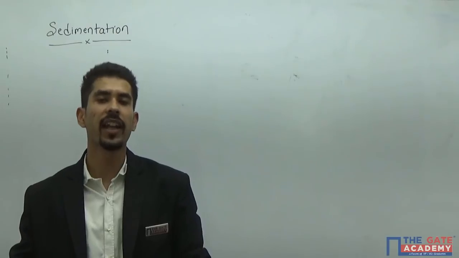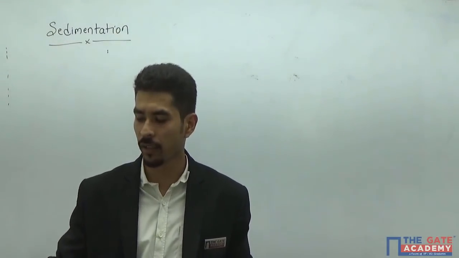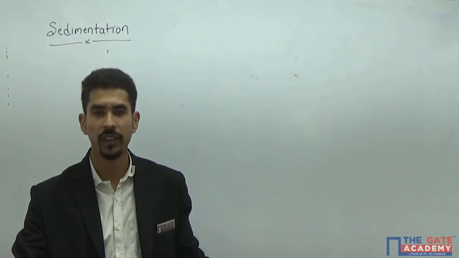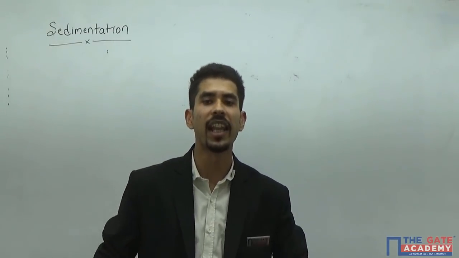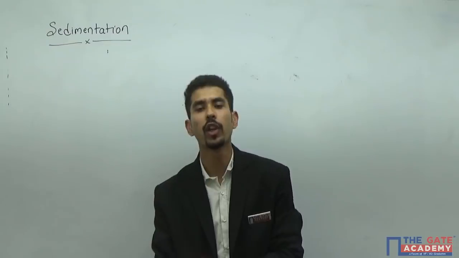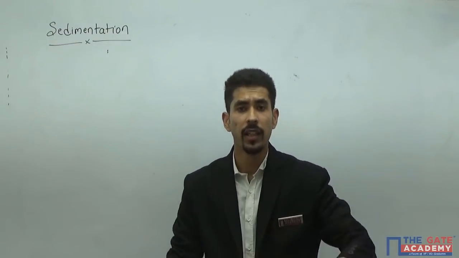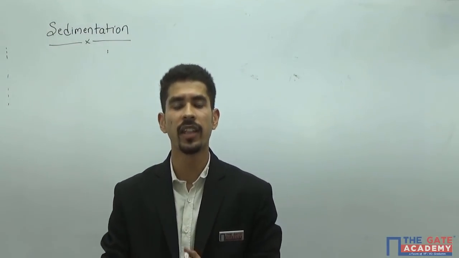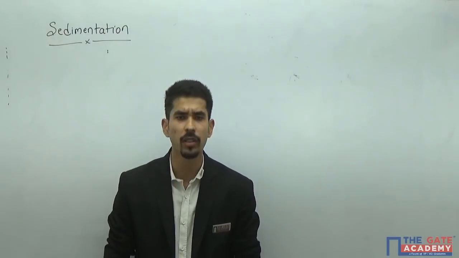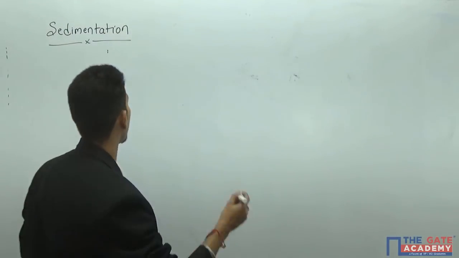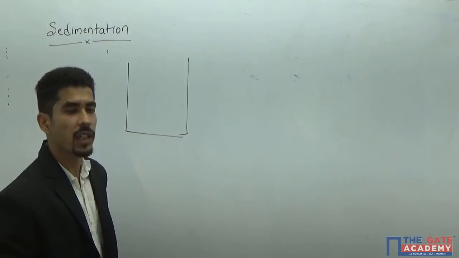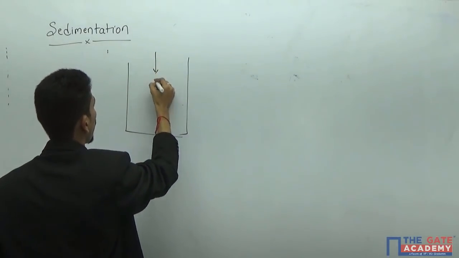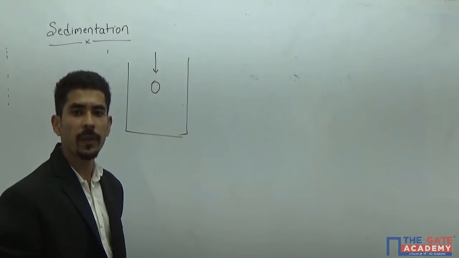Now we have derived an expression for settling velocity. But what do you mean by settling velocity? Let us take a simple concept. Let us take a container. In this container, if you dip a particle, what will happen?